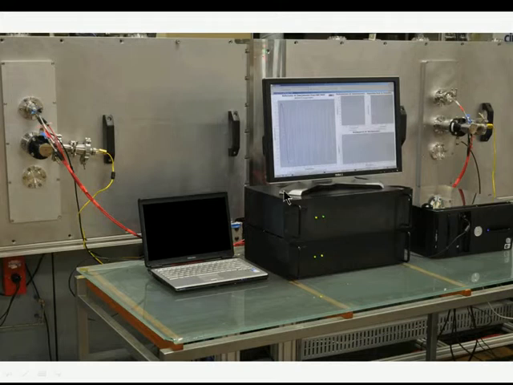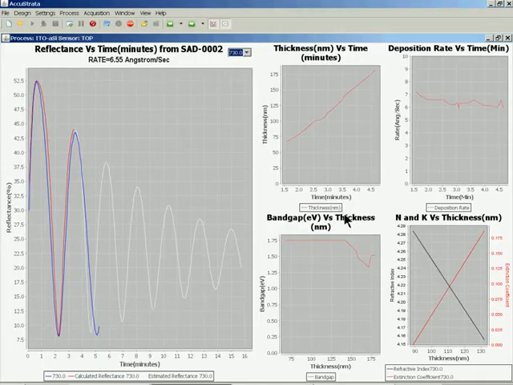Our hardware modules that supply the illumination light to the sensors and analyze the reflected light are located on the table in front of the equipment together with our computer and the operation software. We will limit this demonstration to the operation of our system only in the I chamber, where the main absorber is deposited.